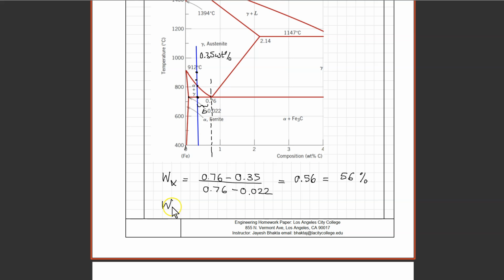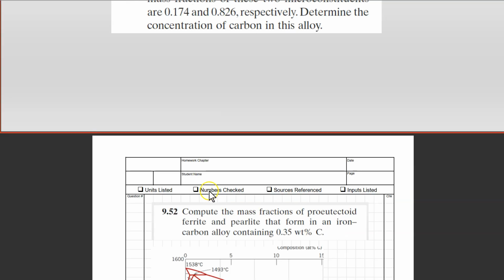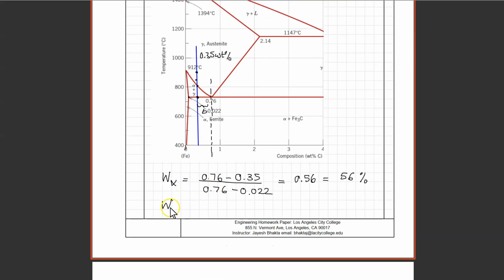Now, of course, if we want to know the amount of pearlite, which is the eutectoid, let's have a look. It says pro-eutectoid ferrite and pearlite. Okay, so I'll call that pearlite. This is the pearlite composition. And pearlite is the eutectoid.